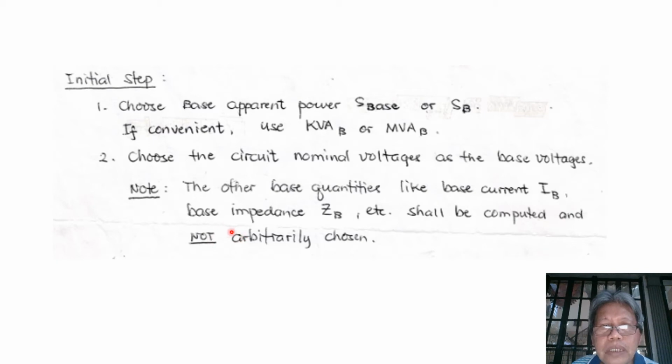So take note that we only have the liberty of choosing the common MVA base and the base voltages based on the nominal voltage levels of the network. But the base current and the base impedance should not be arbitrarily chosen; they should be computed based on the common MVA and the base voltage.